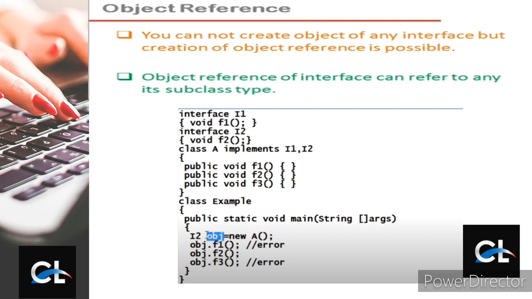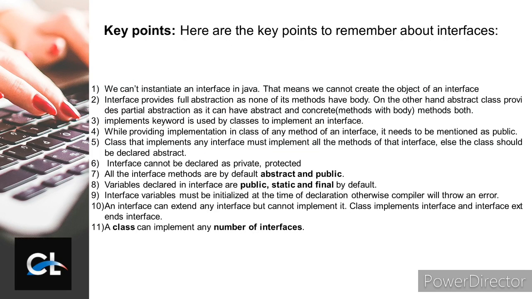Before we wrap up all those things, quickly we have to concentrate on the key points. 11 key points are here. We cannot instantiate an interface in Java. That means we cannot create an object of an interface.